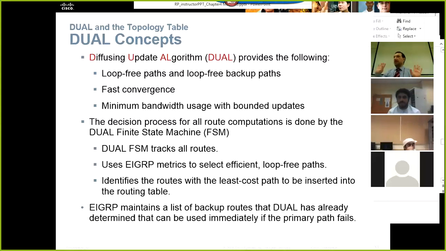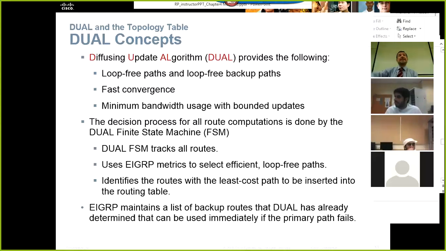Will I see your route? No, I don't see it unless I do what? I need to tweak the load balancing parameter that will allow me to say not only when the costs are equal will I use them, but I can also make it possible so that even if the backup route, the feasible successor route, is within a certain range, twice, 3 times, 4 times of my successor route, within that range, as well as it meets the feasibility condition, meaning what?